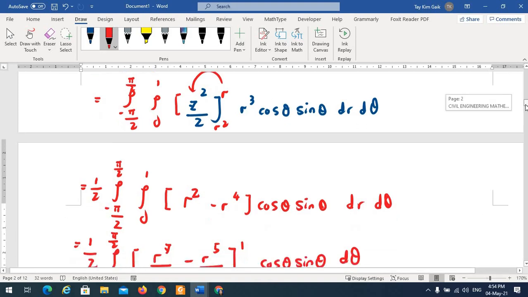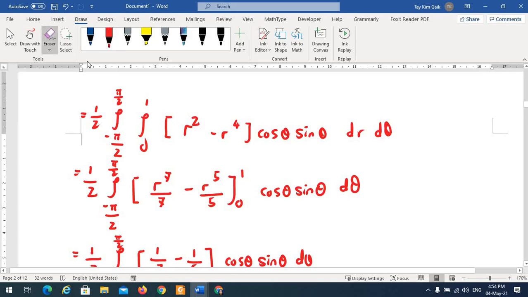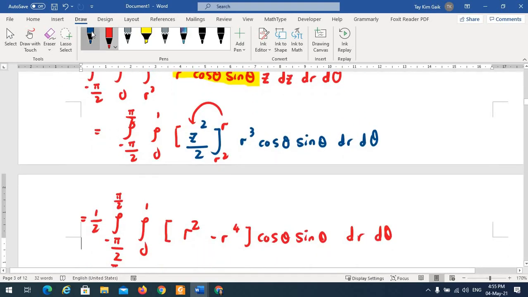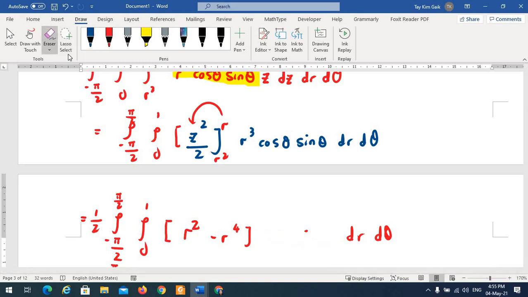Then integrate respect to r. That's why this one is wrong. So you have r power 3 divided by 3, outside still here, and pop it down. Here, you still got the r cube cos theta sin theta.